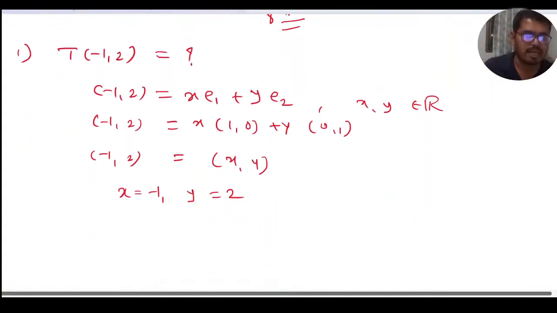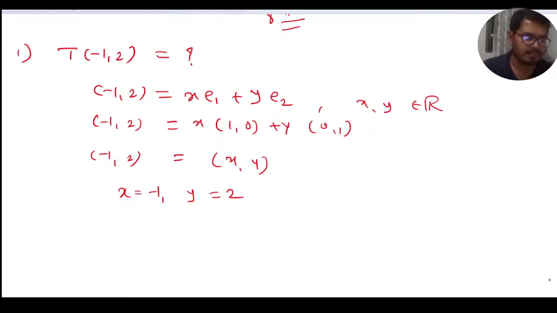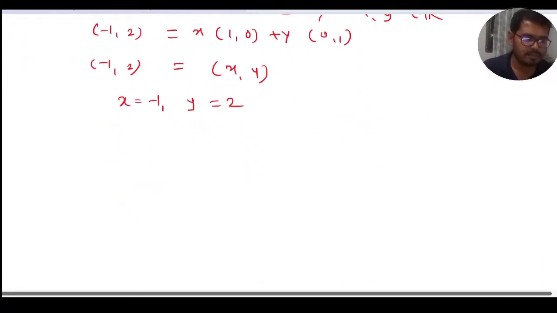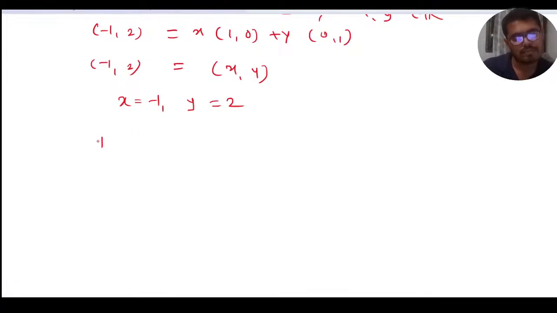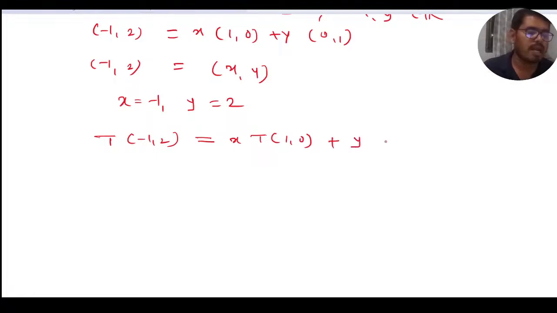Next, we need the image, T of -1, 2. That is equal to T of x E1 plus y E2.